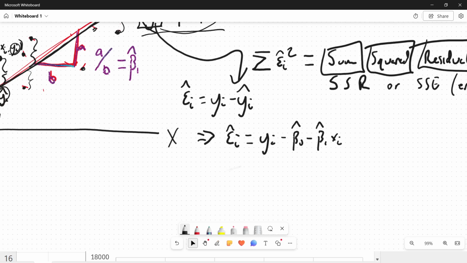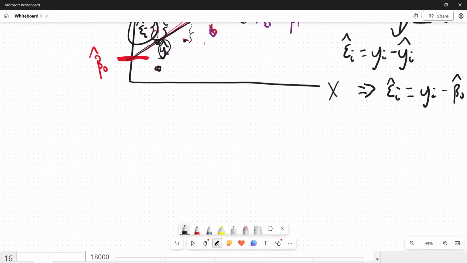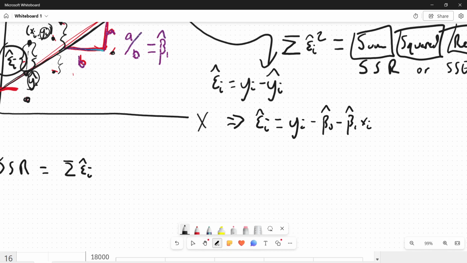Okay, let's talk about minimizing the sum of squared residuals here. SSR is equal to the sum of all the epsilon i hat. We're going to put hats on these once I find the numbers that we're going to use. They don't have to start with hats. I can imagine a world where there's an epsilon for every beta you might choose.